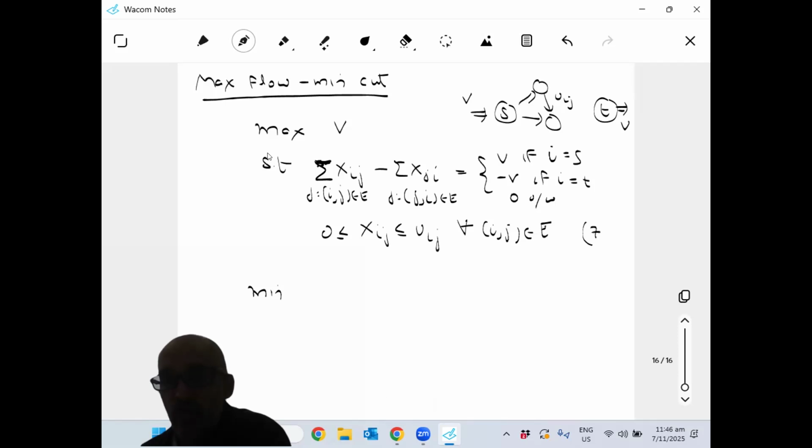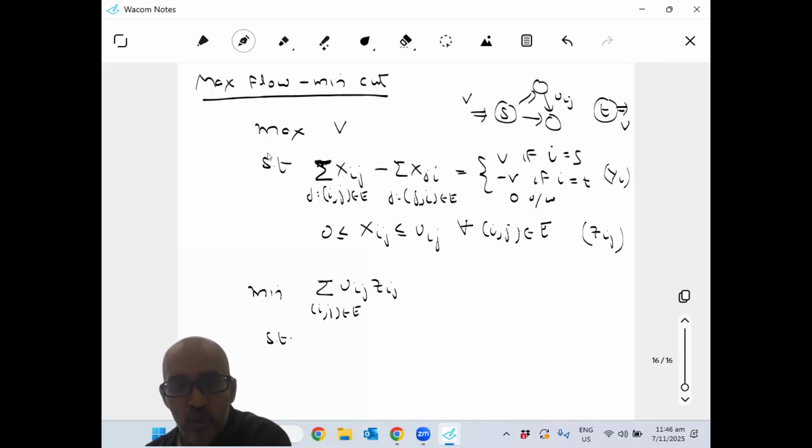There'll be a dual variable for the upper bound zij, and let's call the node dual variables yi. So minimize the sum of zij times uij for every edge in this graph, subject to: xij is involved in the flow conservation for i, the flow conservation for j, and the upper bound constraint.